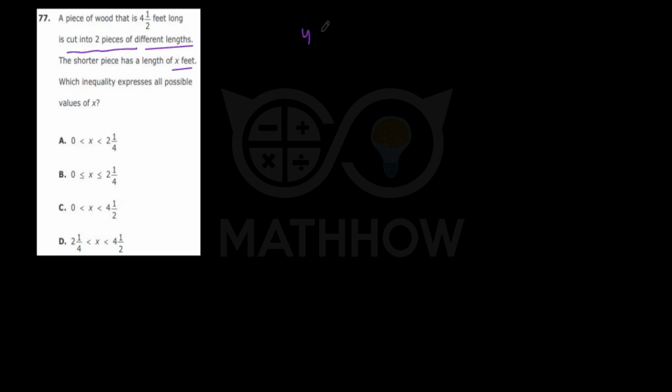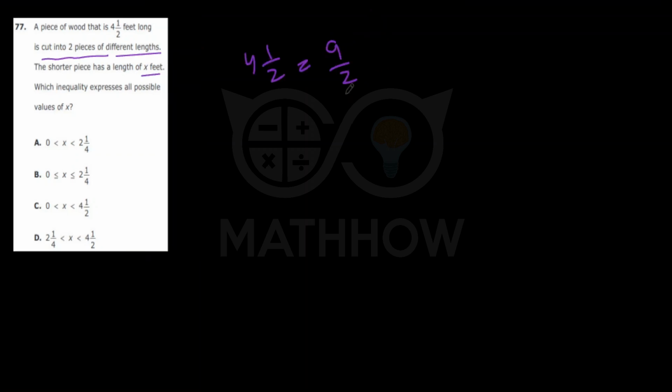Converting this fraction into a proper fraction, this will become 9 divided by 2. The half of this will be 9 over 2 whole divided by 2. This will become 9 over 4.